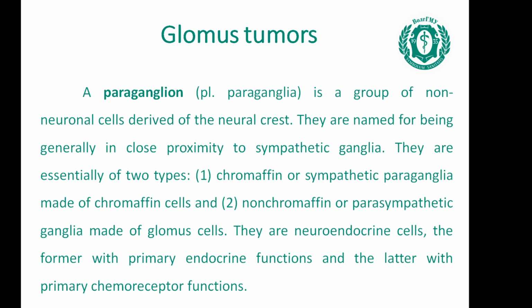First one, chromaffin or sympathetic paraganglia made of chromaffin cells, and second group, non-chromaffin or parasympathetic ganglia made of glomus cells. They are neuroendocrine cells, the former with primary endocrine functions and the latter with the primary chemoreceptor functions.